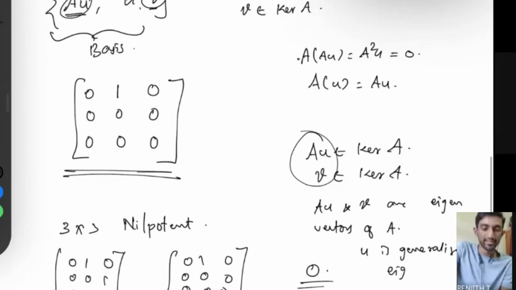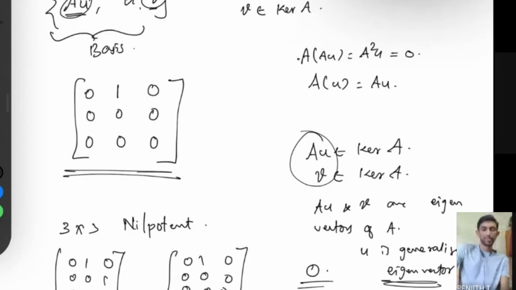That's what we are doing. In the diagonalization process, we need a basis comprising fully of eigenvectors. But not all matrices are diagonalizable, so we can't get a basis of fully eigenvectors. So we will add some more vectors to it, which are called generalized eigenvectors.